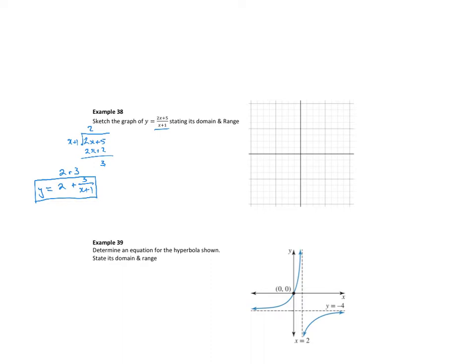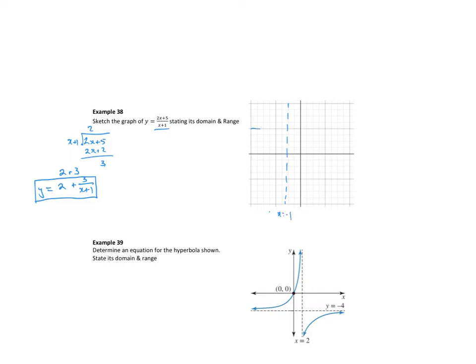And clearly from here, it's a hyperbola with a shift 1 unit left, at x equal to -1, and 2 units up. Let's change that, just so our scale's a bit better. So I can make that 1 unit left, x equals -1.